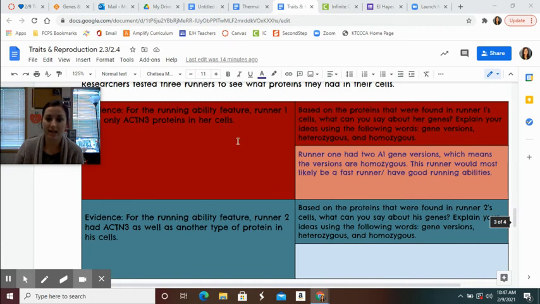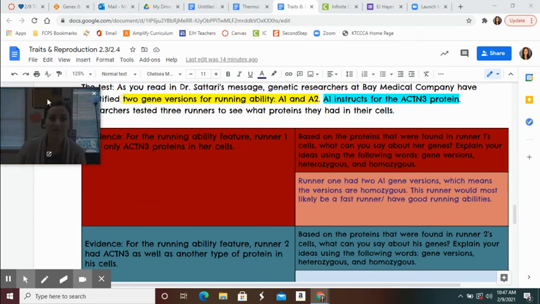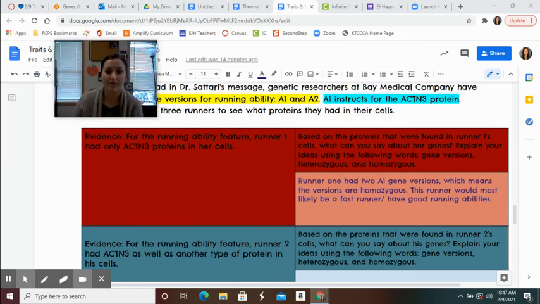So the first one I did for everyone in class to give an example. The evidence was that for the running ability feature, runner 1 only had ACTN3 proteins in her cells. And since I read up here that my A1 is the one that instructs for that protein, I figured out that that would mean that runner 1 would need to have two A1 gene versions, and that would mean that it was homozygous because it's two of the same.